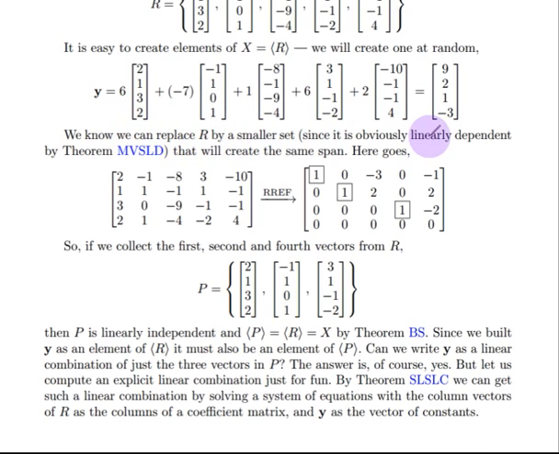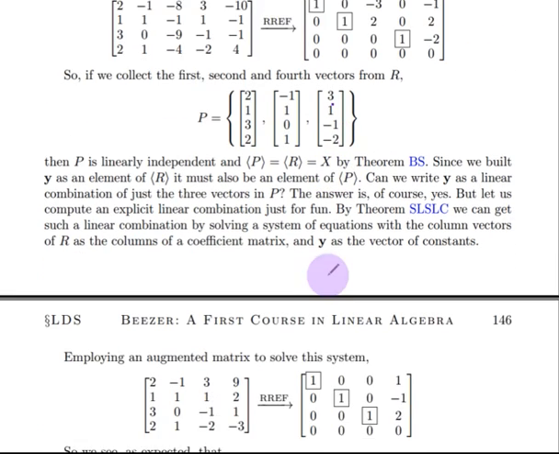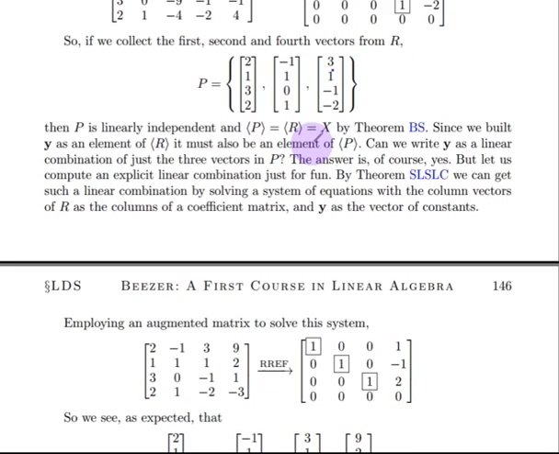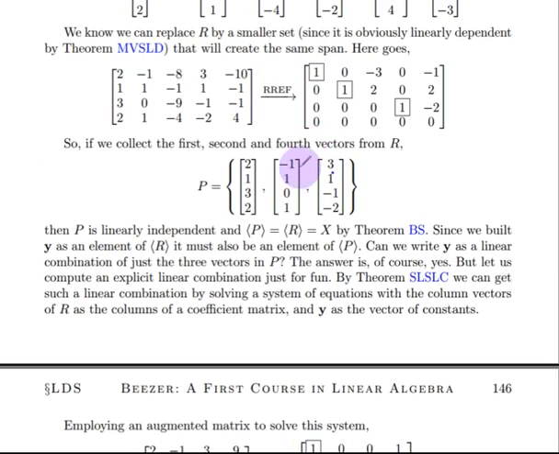Now we know that we can replace R by a smaller set. When you do row reduction, you have the 2 free variables, and columns 1, 2, 3 are enough to span. So, in fact, since this vector is in the span, it is expressible as a linear combination of these 3. How do you compute the coefficients?